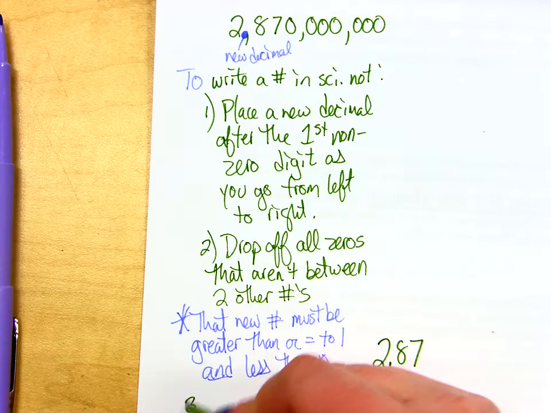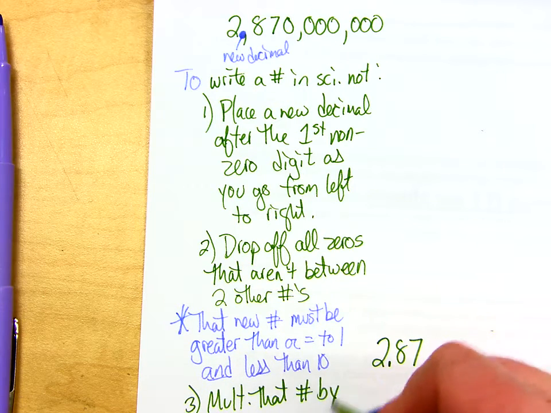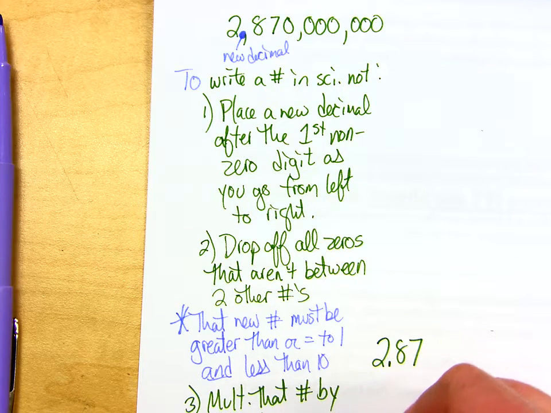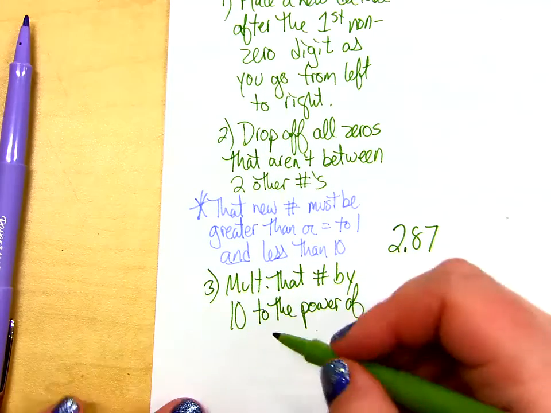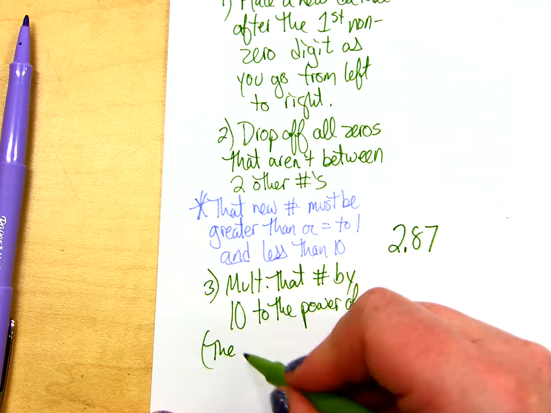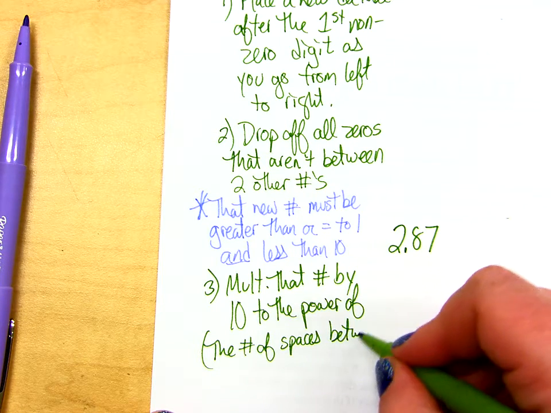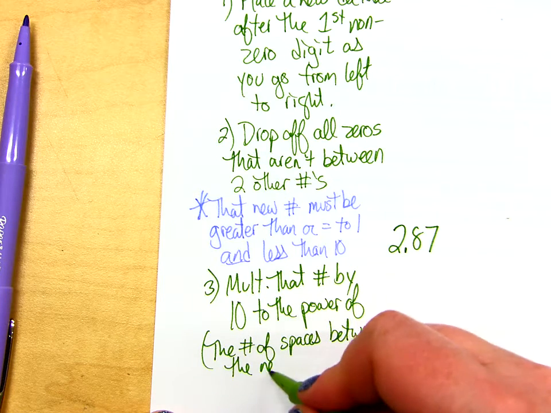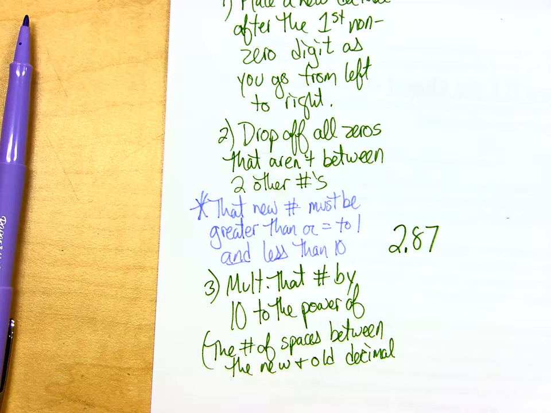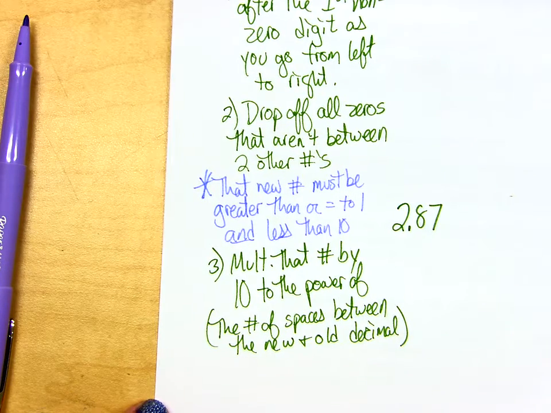So, step 3, multiply that number by 10 to the power of the number of spaces between the new and old decimal. But I'm going to add another special rule here.